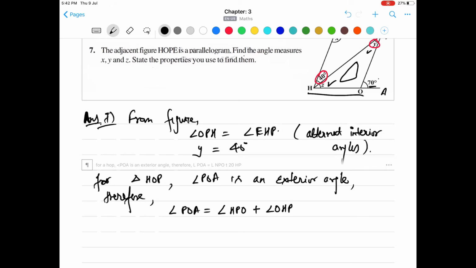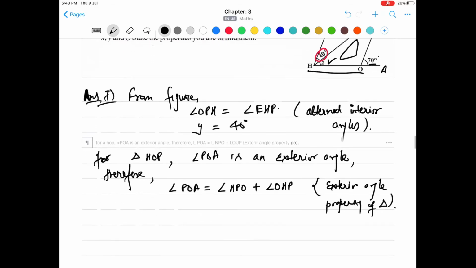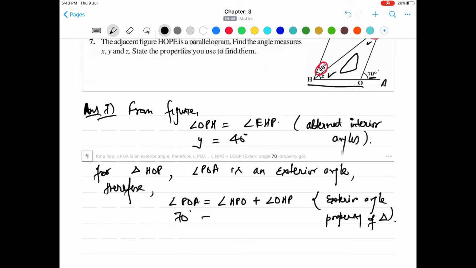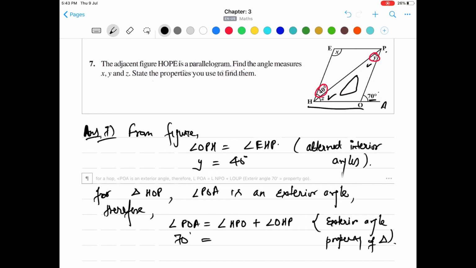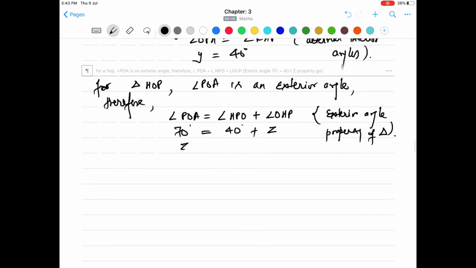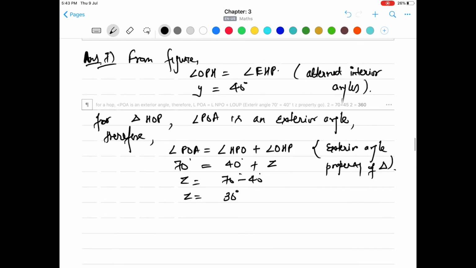This is by the exterior angle property of a triangle. POA is given, which is 70 degree. It equals HPO, which is y, which turned out to be 40 degree, plus OHP, which is angle Z. So angle Z will be equal to 70 minus 40 degree, which is 30 degrees. So we got the measure of angle y and angle z.